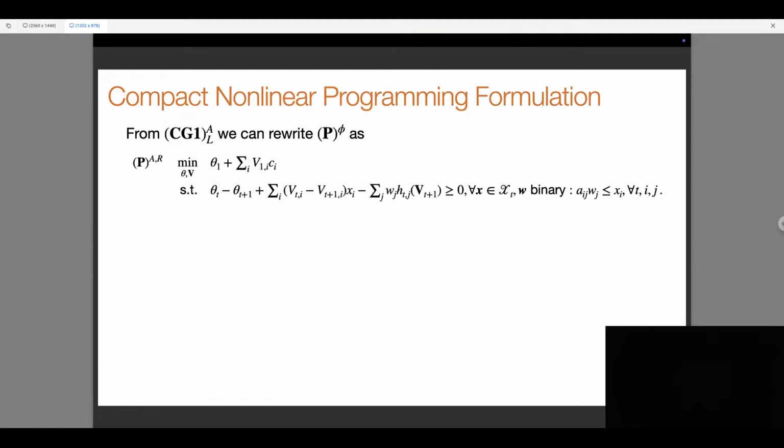We also start from the CG1AL, the subproblem for the column generation, and we can rewrite the P phi in this formulation. As we mentioned before, the subproblem for the column generation is quite closely related to the constraint in the primal problem, and we denote it as PAR.